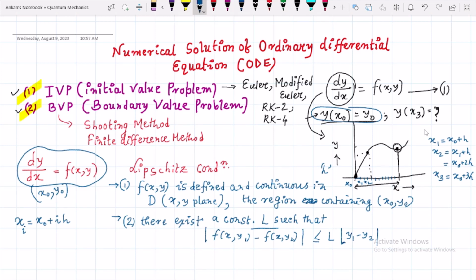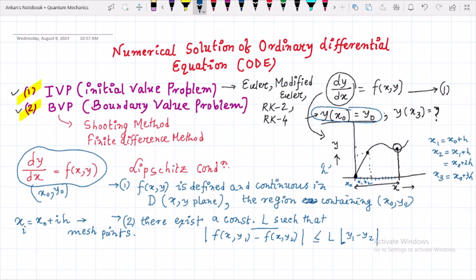This sequence of points is called mesh points, where h is the step size.